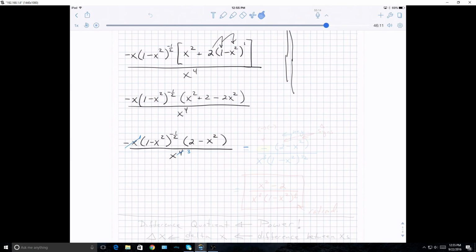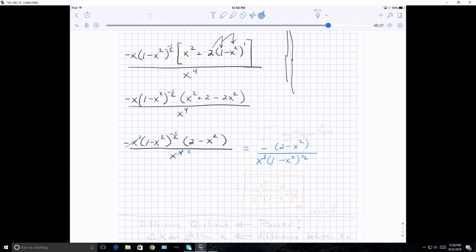And then we can rewrite this as negative, well, it looks like it's negative 2 minus x squared, all divided by 1 minus x squared to the 1/2 power times x cubed.